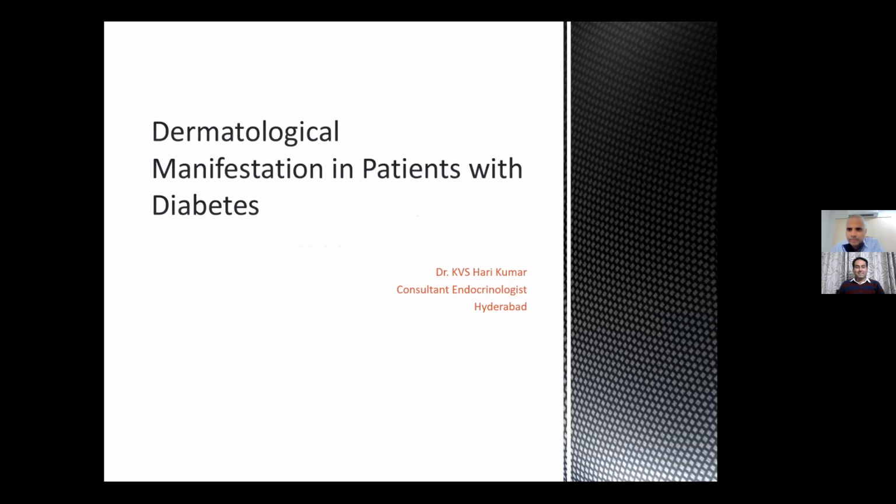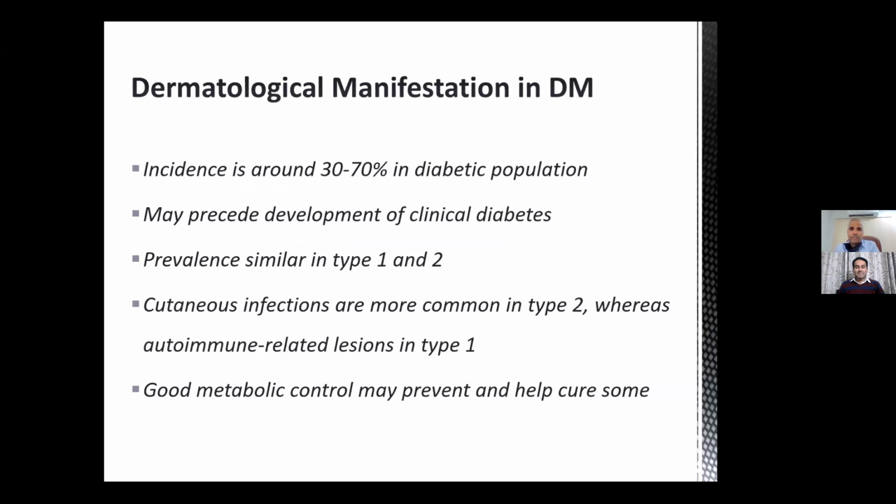Yes, sir. Okay. So dermatological manifestations are one of the commonest ones which patients have, but I would say they are more of a nagging to the patient rather than giving them trouble. So that is why people don't pay much attention to them.